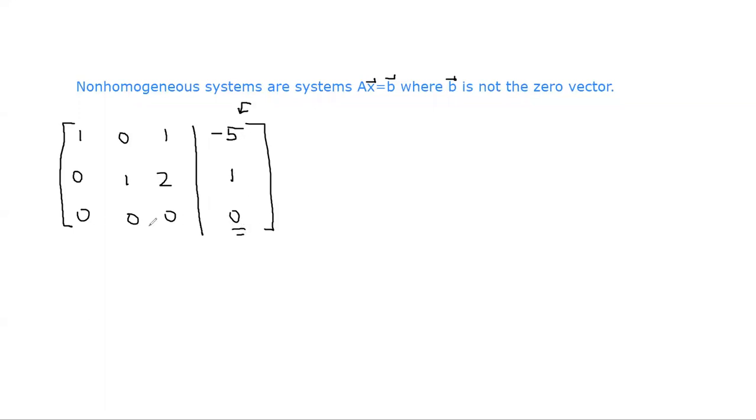It is consistent because this last row just gives us 0 equals 0. So this tells us that x1 plus x3 equals minus 5. This tells us that x2 plus 2x3 equals 1, and this equation just tells us that 0 equals 0.